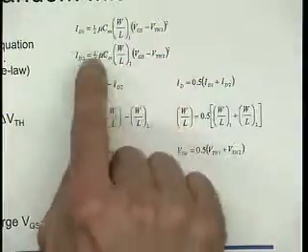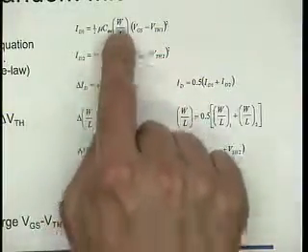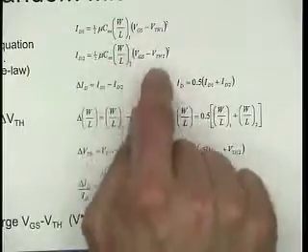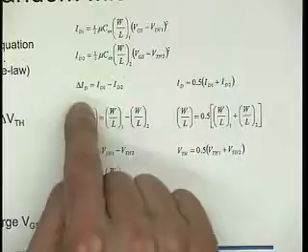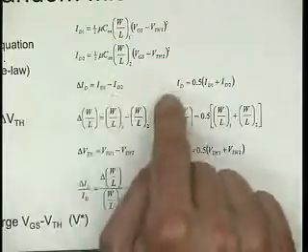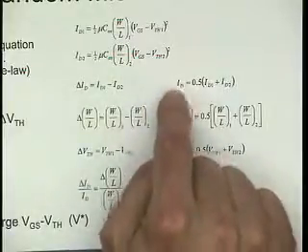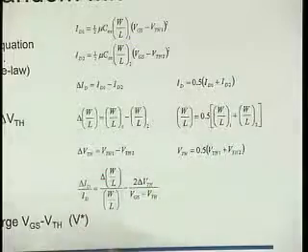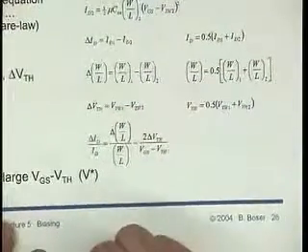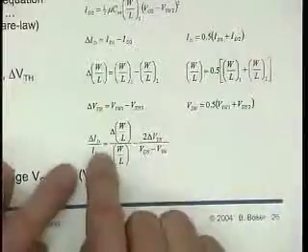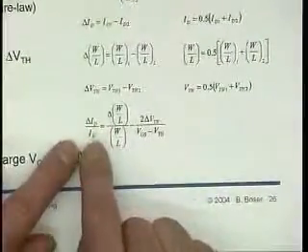I've set up here the two transistors that have different threshold voltages and different W over L's. And then I define delta ID, and I also define the nominal ID that is just the mean. Right? I do the same thing for the width.